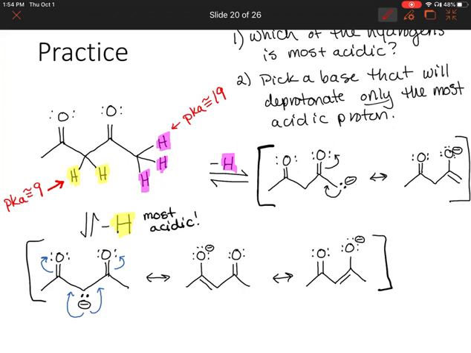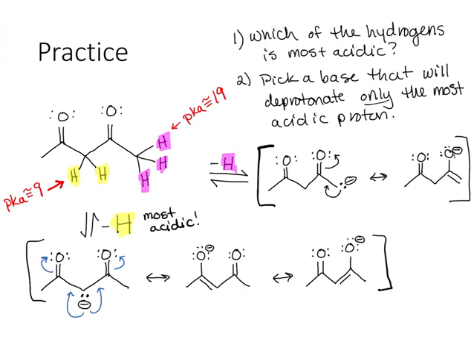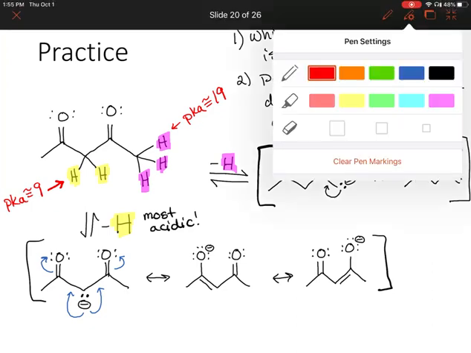Now that we've identified the most acidic proton, we need to find a base that will deprotonate only that proton. So we want something with a conjugate acid whose pKa is between 9 and 19. Here, I'll write that down below.